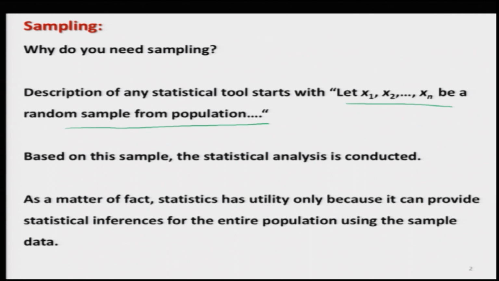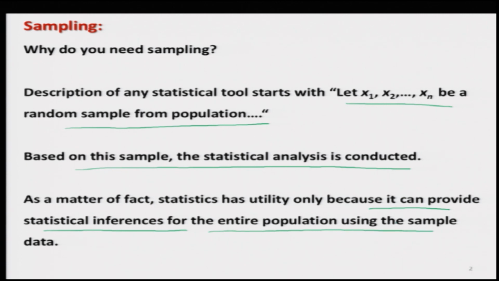And then, based on this sample, whatever you have observed, the entire statistical analysis is conducted. As a matter of fact, statistics has its utility and importance because it can work only on the basis of a sample, and it can provide statistical inferences for the entire population using the sample data only.